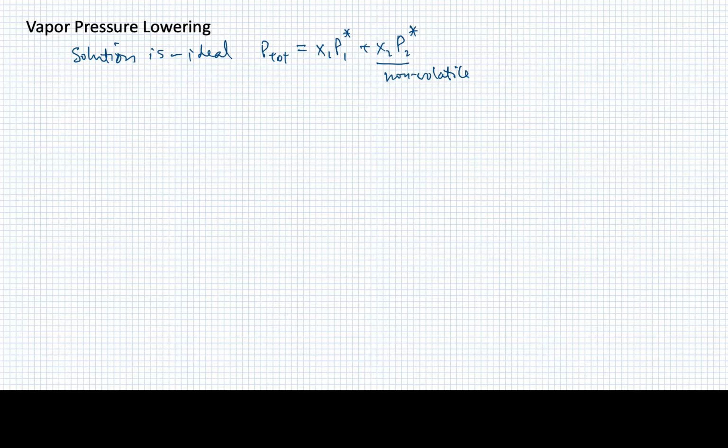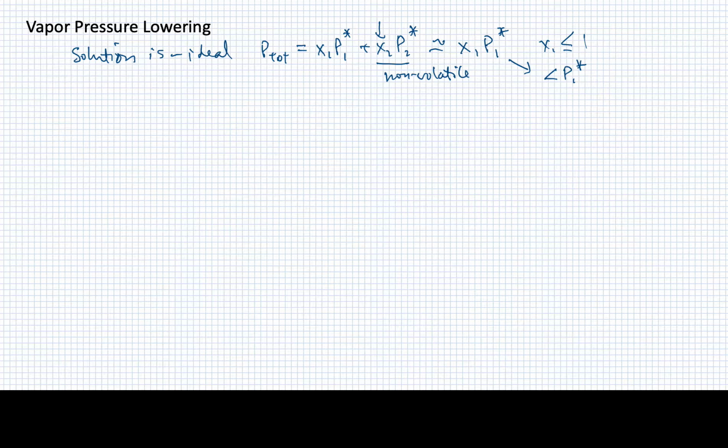That is to say, it's not readily escaping into the vapor phase, and yet it still is occupying some of the mole fraction. So in effect, the total vapor pressure is going to be x1 times p1 star, but x1 is less than or equal to 1, so that means that this is by necessity going to be less than the actual total vapor pressure of the pure substance.